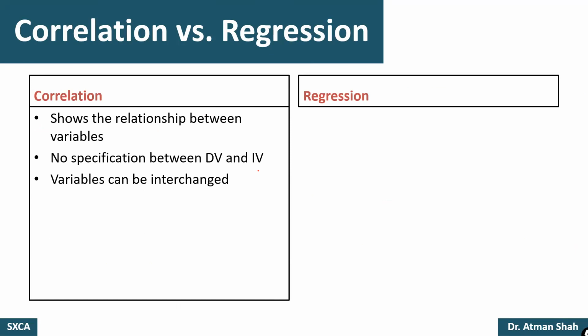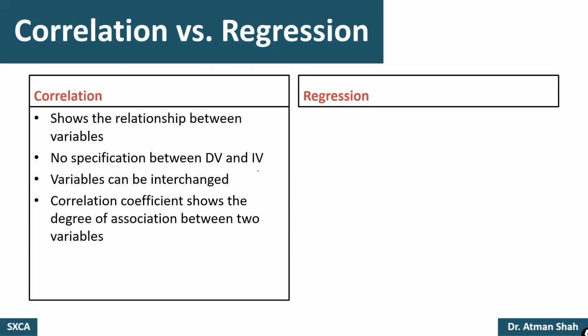So between x and y or y and x, the correlation coefficient remains the same. Correlation coefficient shows the degree of association between two variables. It can't be used for prediction. We cannot predict the value of one variable with the help of other variables.